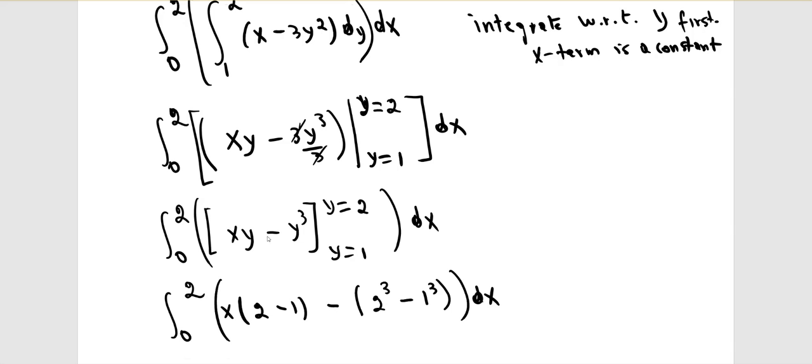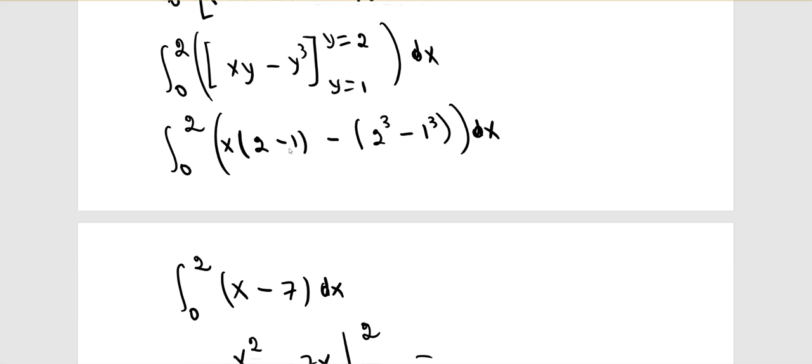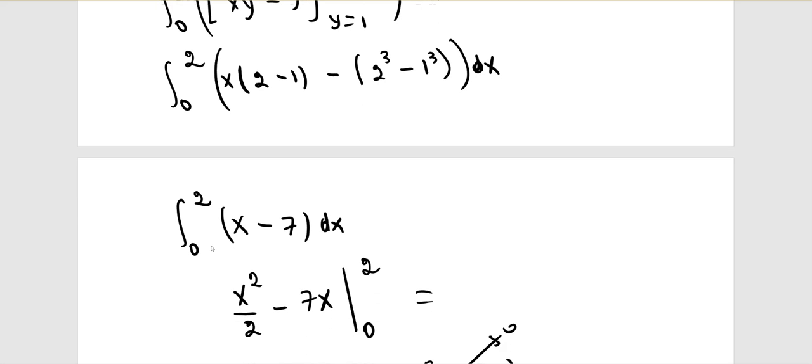Then minus, I plug in 2 for y and then 1 for y again, so 2 cubed minus 1 cubed. So 2 minus 1 is 1, 1 times x is x, 8 minus 1 is 7. So you get x minus 7 that you're going to integrate with respect to x.